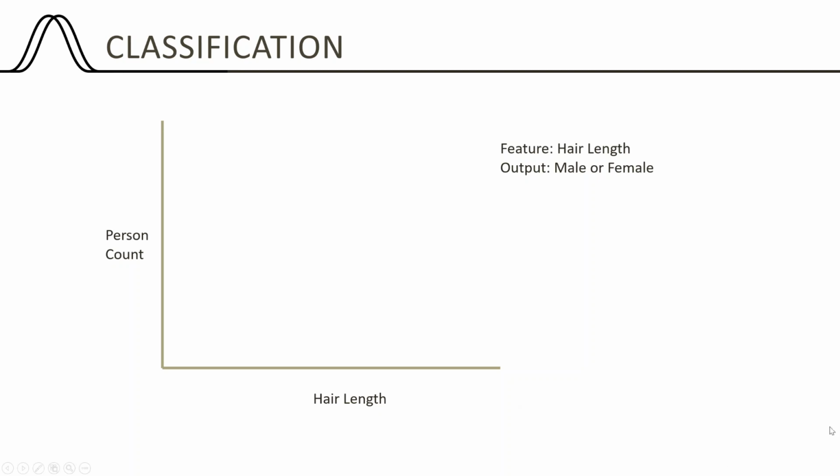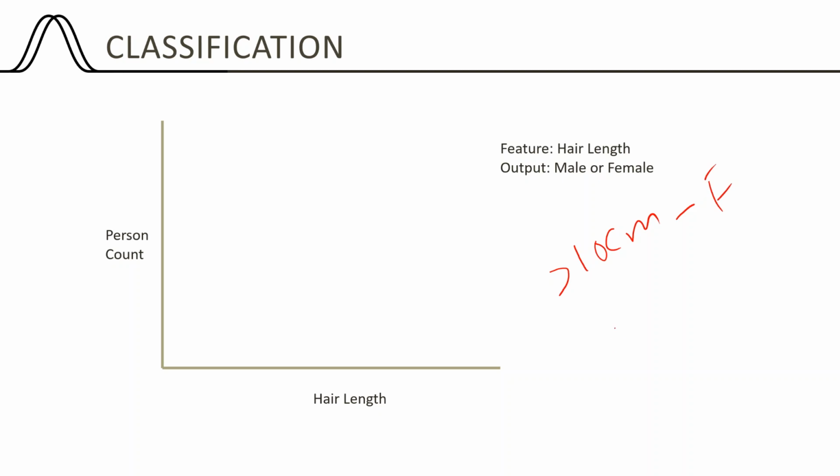I'm going to have some sample data. I want to know based on the hair length. Let's say hair length is 10 centimeters. If hair length is greater than 10 centimeters, let's call it female.